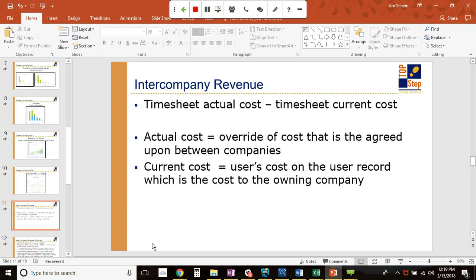And so you are deciding, we will do this work for you. We're going to charge you X dollars an hour to do this for you, other department. And then the current cost is what that is actually costing that second department to do the work. So if they were doing it for themselves and not charging it back to another department, how much would it cost them to actually do?